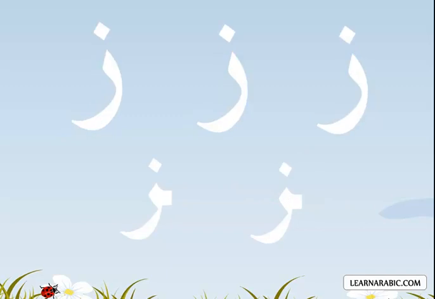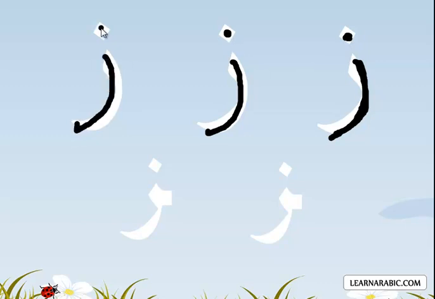And the partner of ra is za or zai, and this is simply a ra with a dot on the top, and this is also one of those stubborn letters, will not join to anything which comes after it, and so we will only see it in these forms, whether at the beginning, middle, or end of a word.